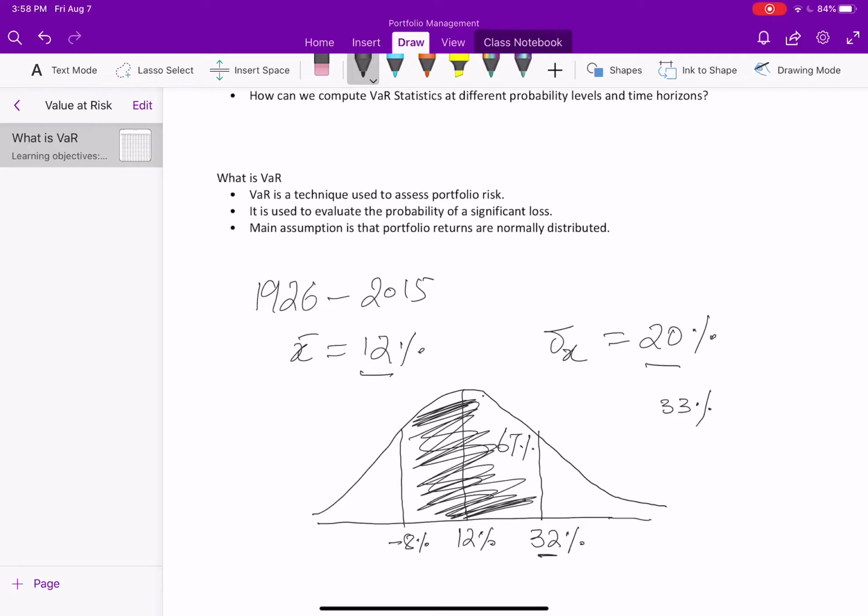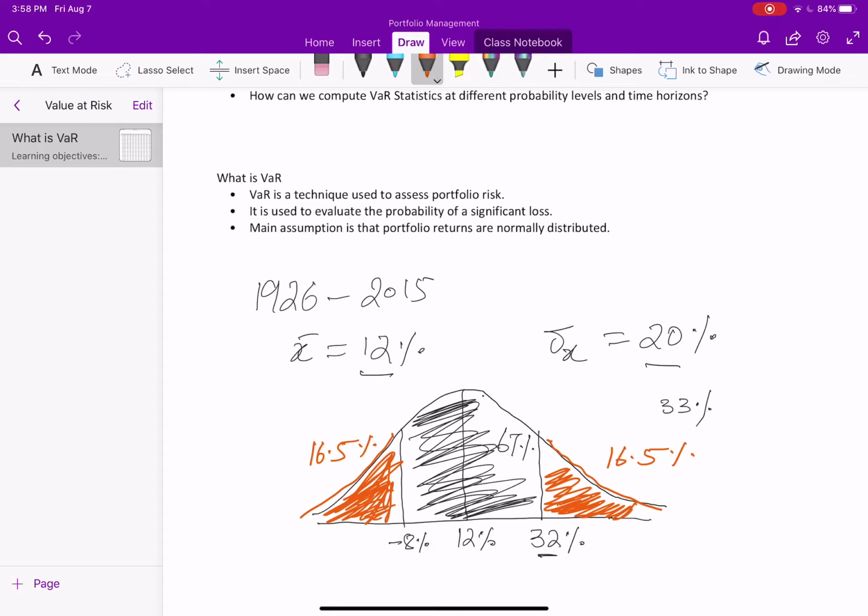And because it is a symmetric distribution, both of these areas will have equal probability. The area on both sides will be the same, and it suggests that a 16.5% probability is over here and 16.5% probability is over here.